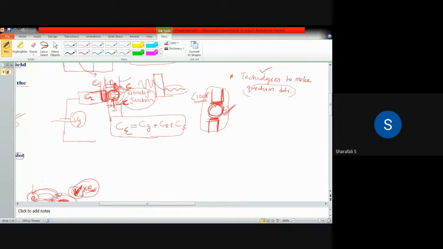Also, there are many damages that are possible. Also, contaminations may be possible while developing these kinds of quantum dots and very nanoscale materials. So all such things should be avoided during large scale production.